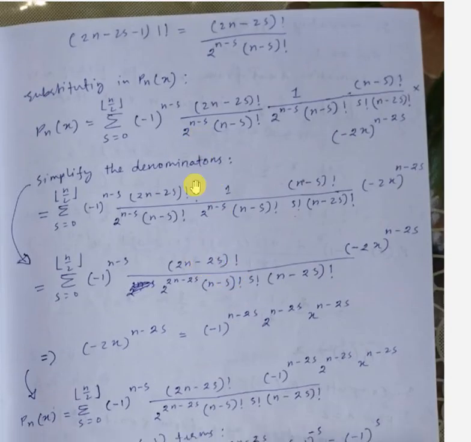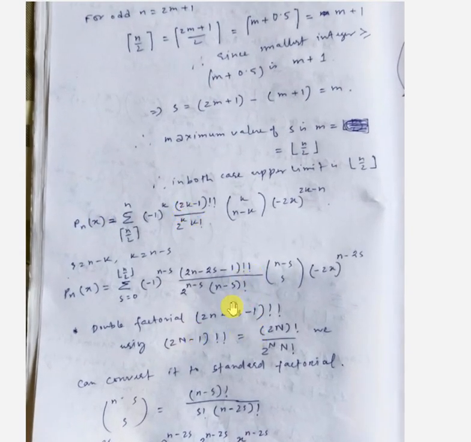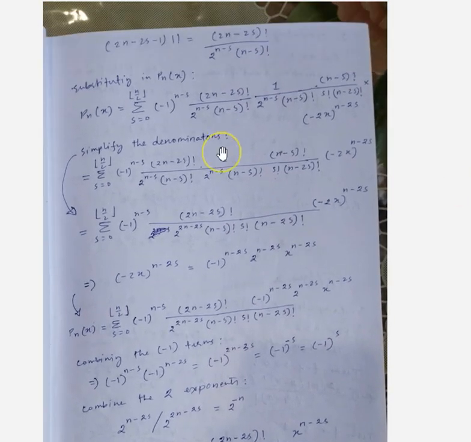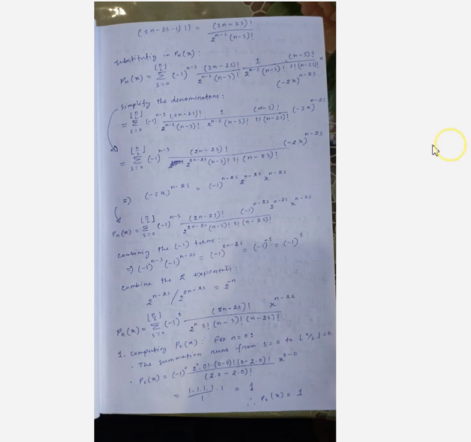And twice n minus s minus 1 will be equal to twice n minus 2s single factorial, divided by 2 to the power n minus 1, n minus s and n minus s factorial.